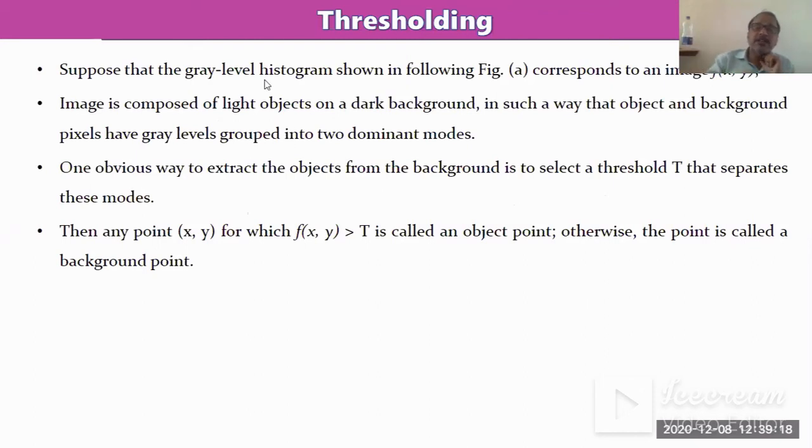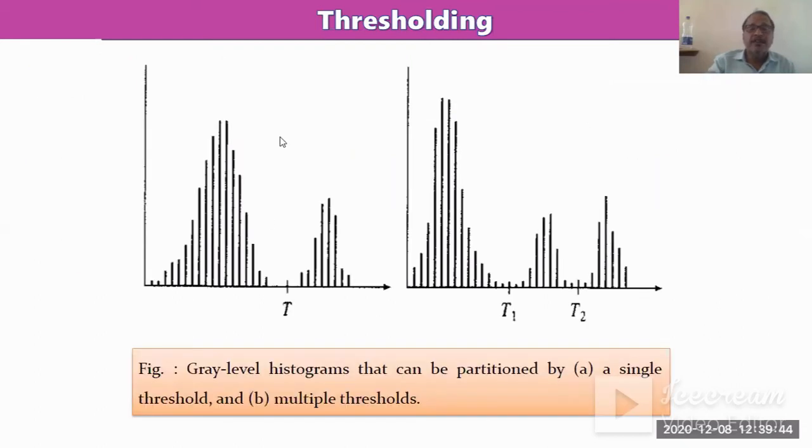Suppose that the gray level histogram shown in figure A corresponds to the image f of xy. The image is composed of a light object on a dark background, in such a way that object and background pixels have gray levels grouped into two dominant modes. Now we can consider that our background is a dark background and the object is a light object. In that situation, this type of histogram will be available.